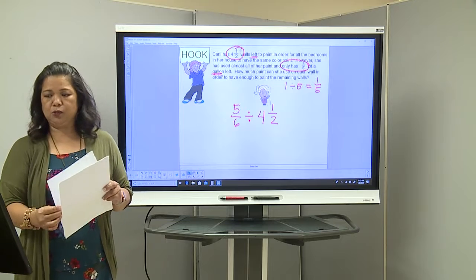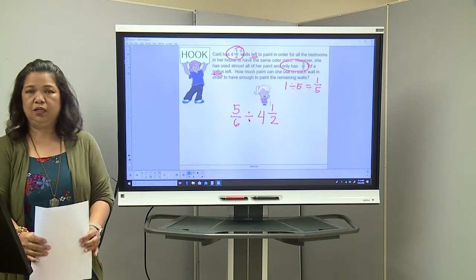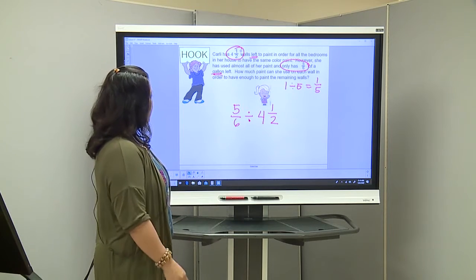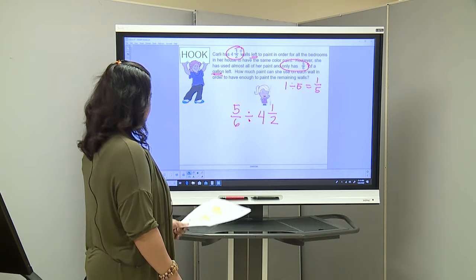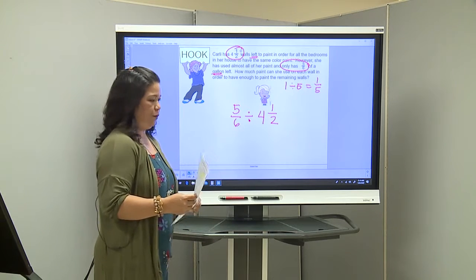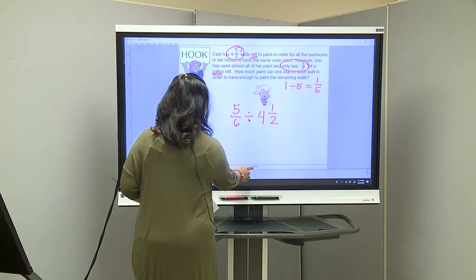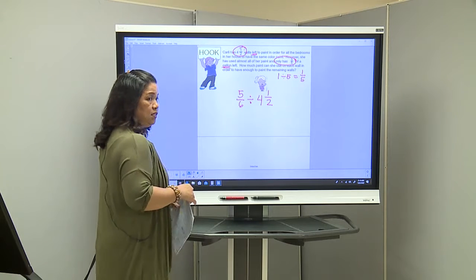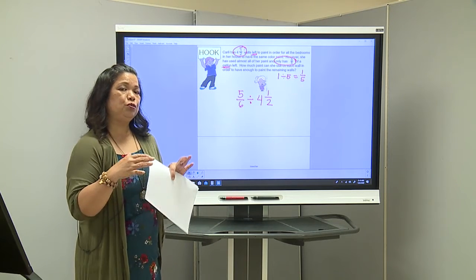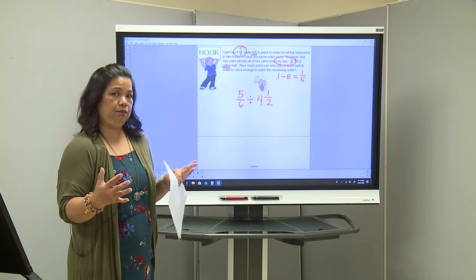Write the expression. That's the first thing to do. And we wrote the expression already. 5/6 divided by 4.5. Now, in the beginning I told you, in this lesson, you are going to divide with a mixed number.